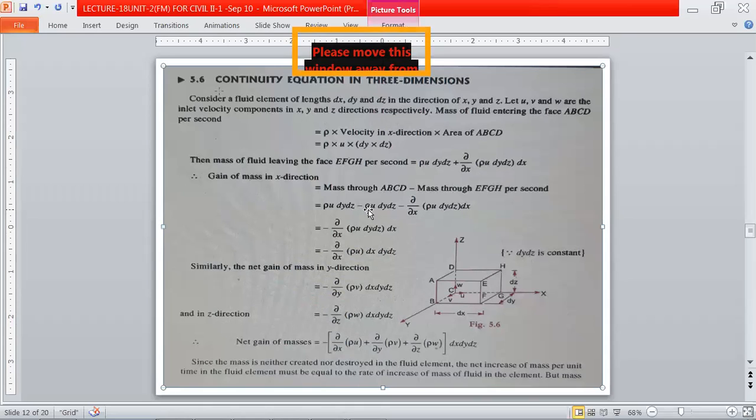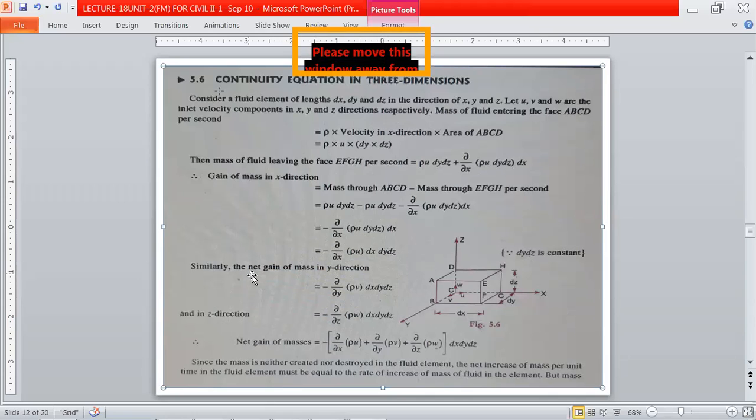So we get minus dou by dou x of rho u dy dz into dx, and the other two terms cancel. Simplifying further, we get minus dou by dou x of rho u into dx dy dz, which we take outside.